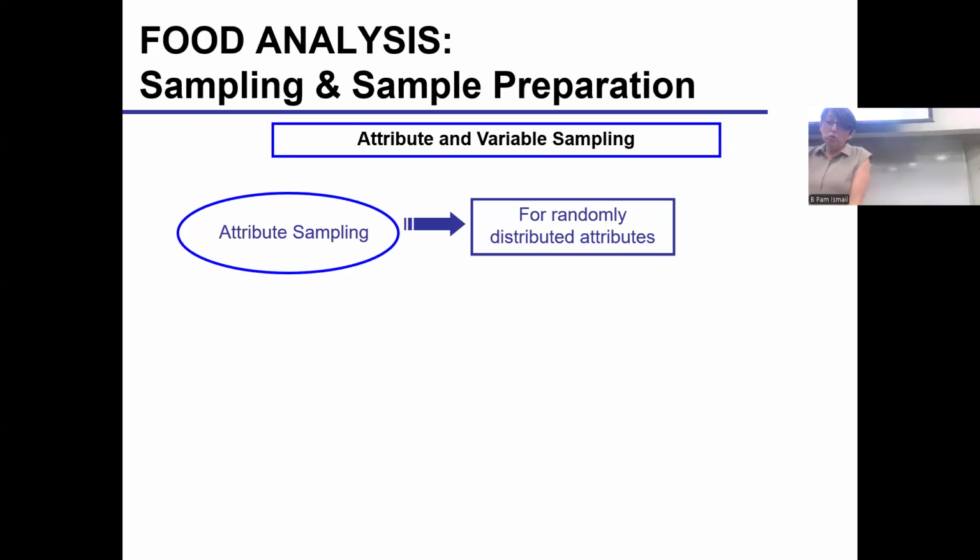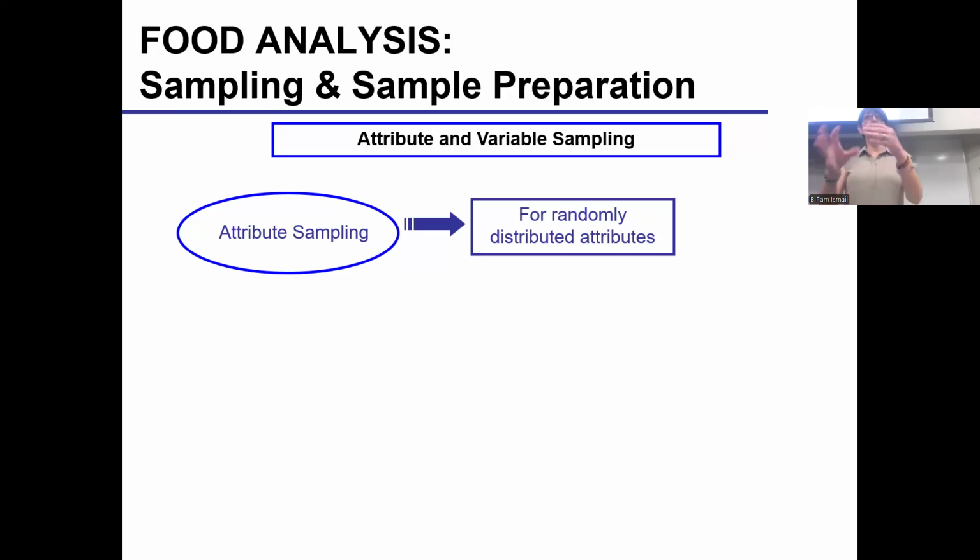Or sometimes you don't see that mold with your eyes. But then it's not something homogeneously dispersed in your sample. And that mold can give you aflatoxin, for example, and aflatoxin should not be in the food. There's zero tolerance.